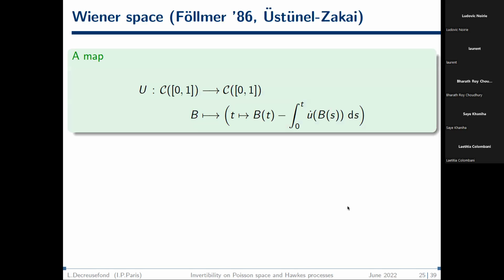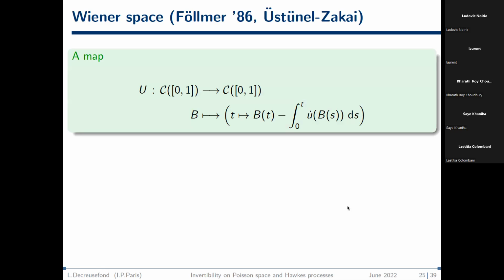So the original motivation was the following: on the Wiener space, that means on the space of continuous functions equipped with a Wiener measure, so that B is a Brownian motion. There is an old idea from Föllmer, which has been reworked by Üstünel-Zakai around 2010.